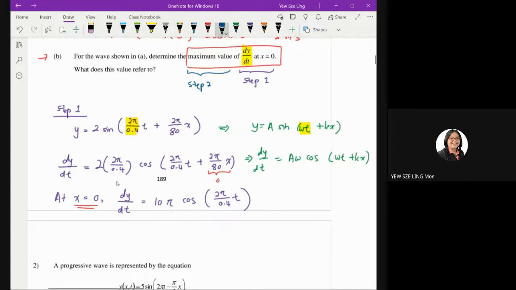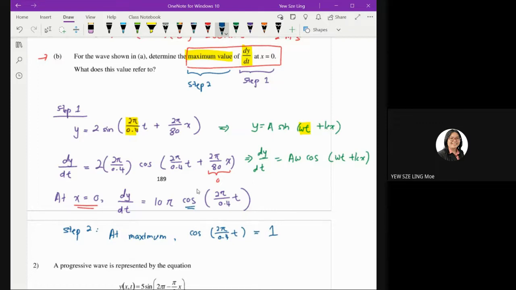Now let's look at step number 2. What happens at maximum value? Whenever the question asks for maximum or minimum value, the part that we can play with is the cos or sine function. At maximum, cos (2 pi over 0.4 t) is always equal to 1.